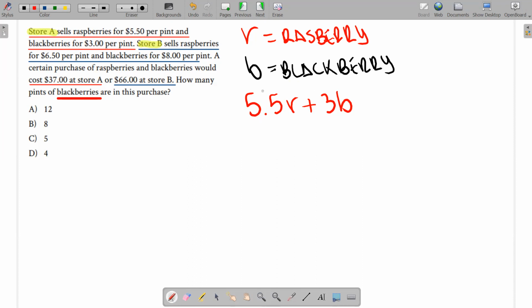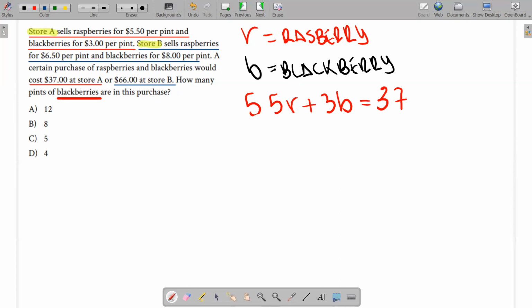Indeed, we know that we spend $5.5 per pint every time we buy a certain amount of raspberry, and $3 per pint every time we buy some blackberry. So this multiplication will give us dollars. Specifically, in the consideration that we are making of this problem, the amount will be $37. Like this, we wrote the first equation.